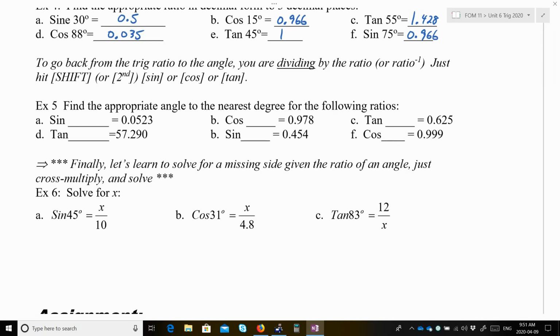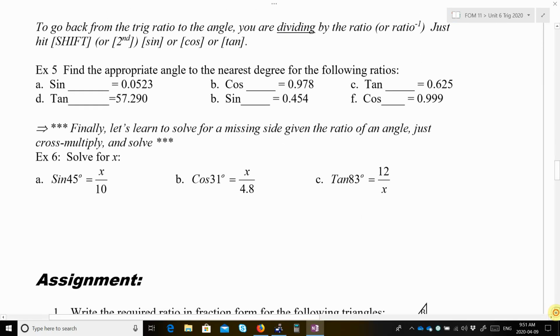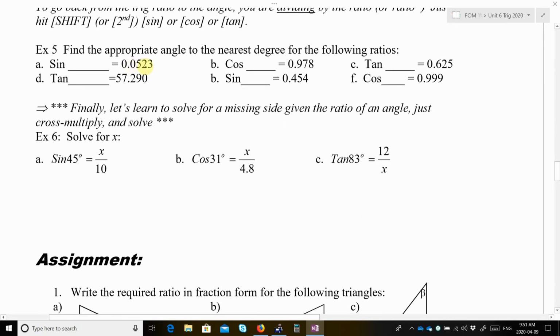For example, find the appropriate angle to the nearest degree for the following ratios. This time we've got the ratio 0.0523. That's the opposite side divided by the hypotenuse in the triangle. And when you divide the two sides, you get that ratio.